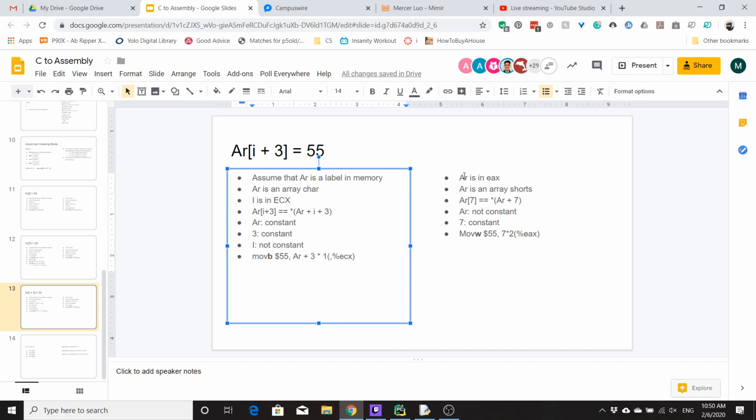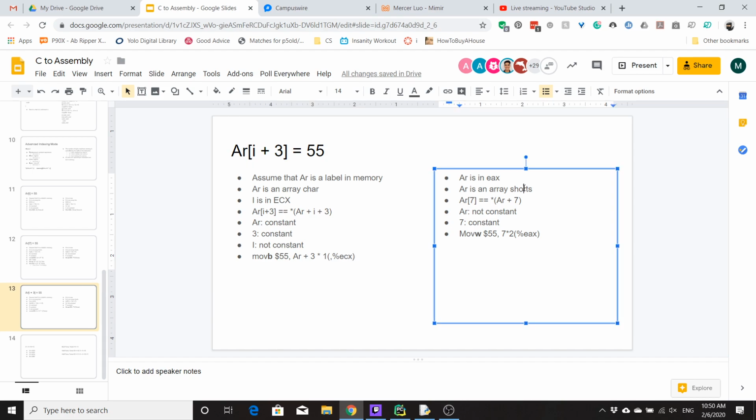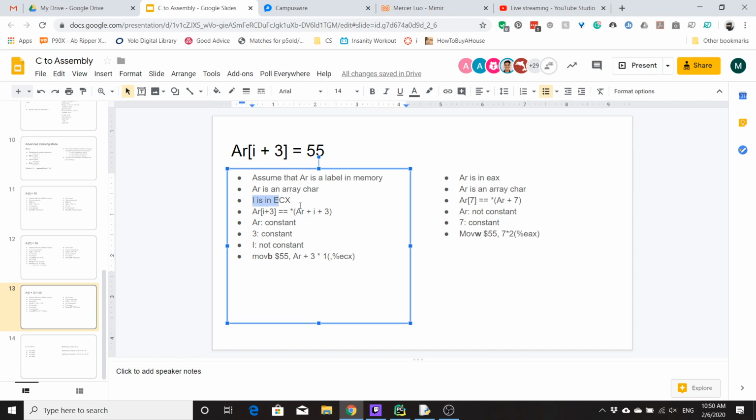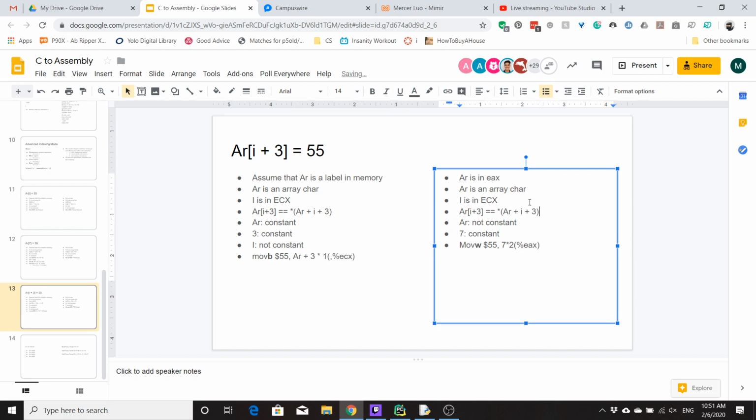Now, what about over here on the right-hand side? So it's an array of chars. All right. So over here, is AR going to be constant? No, right? Because AR is in EAX. And if it's in EAX, it can't be constant.